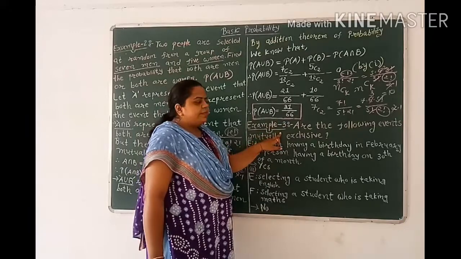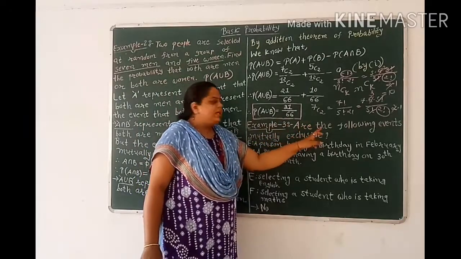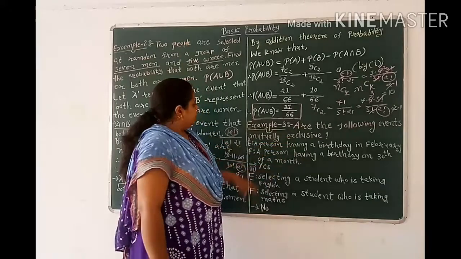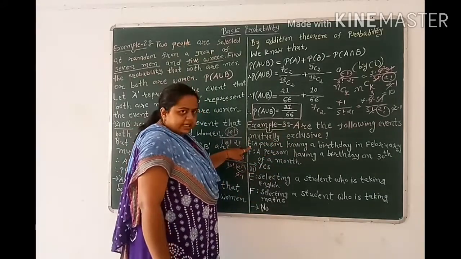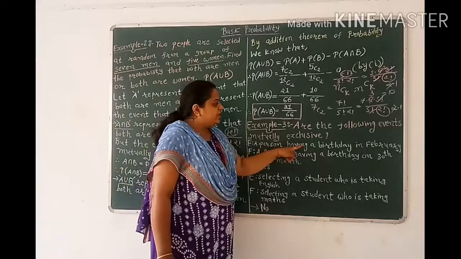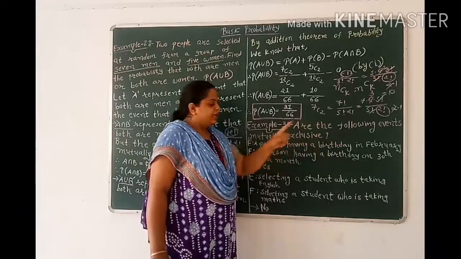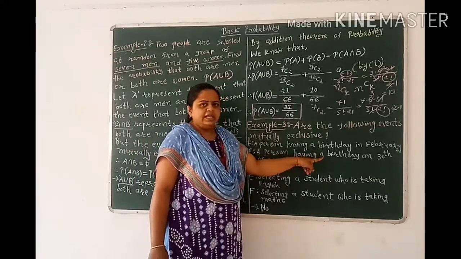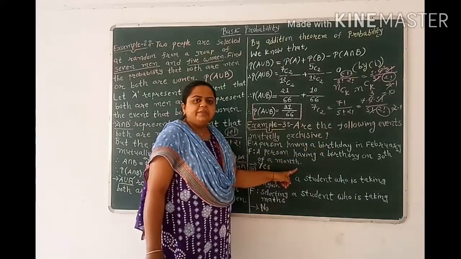Now the next example is, are the following events mutually exclusive? Here the first one is event E, a person having a birthday in February, and event F, a person having a birthday on the 13th of a month.